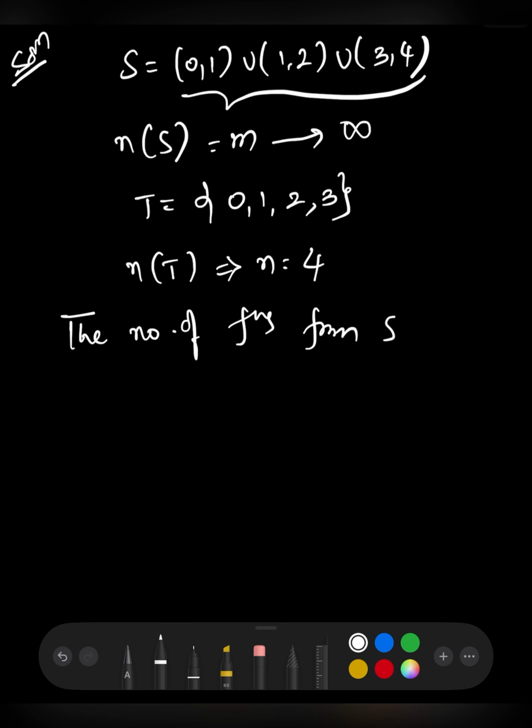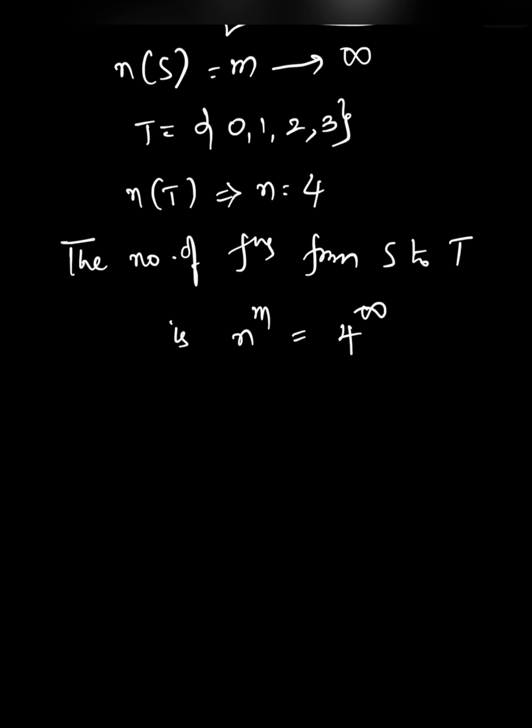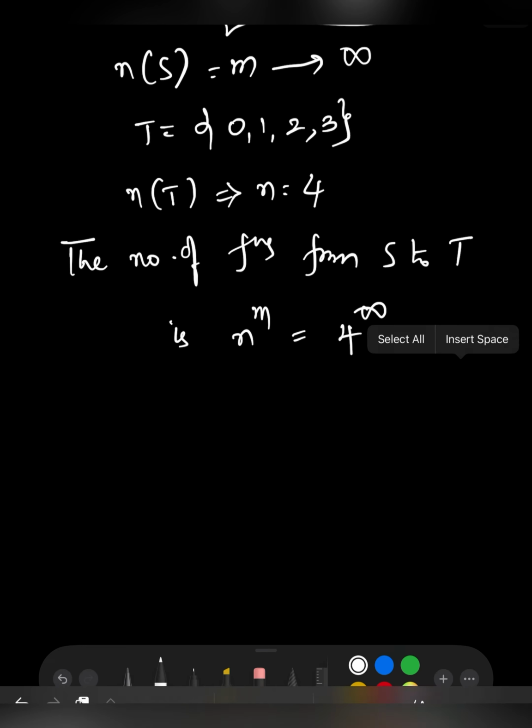Now, as we know, the number of functions from S to T is n to the power m, that is, 4 to the power infinity, where m tends to infinity.